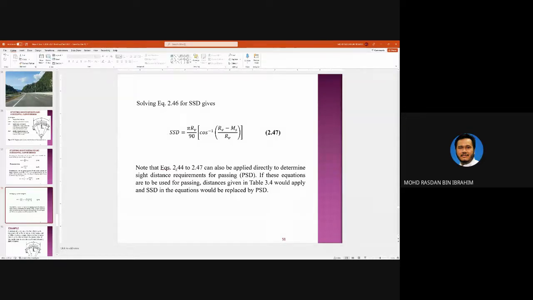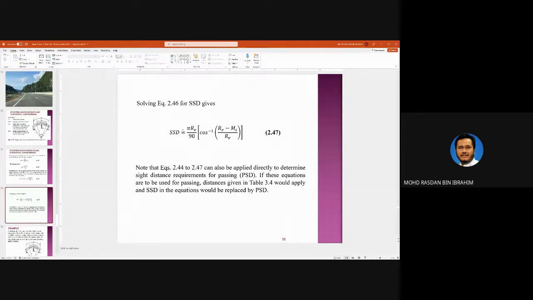Note that equations 2.44 until 2.47 can also be applied directly to determine site distance requirement for PSD. If these equations are to be used for passing, the distance given in table 3.4 would apply, and SSD in the equation will be replaced by PSD.